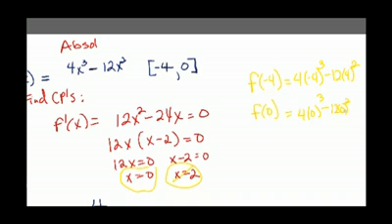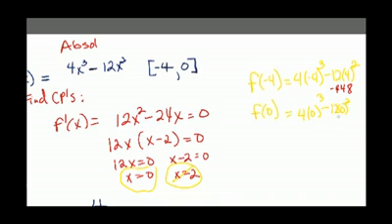Alright, so negative 4 cubed is negative 64, times 4 is negative 256, right? Minus 12 times 16. They're both negative, so it would be summed. That would be negative 448 for the first one, and that's the y value.